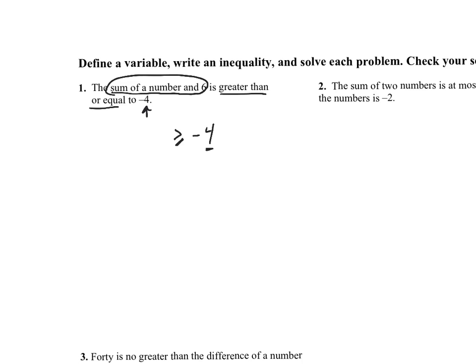So the sum of some number, let's call it t, and 6, so t plus 6, is going to be greater than or equal to negative 4. So go solve for your t, by subtracting 6 from both sides, you get t is greater than or equal to negative 10.